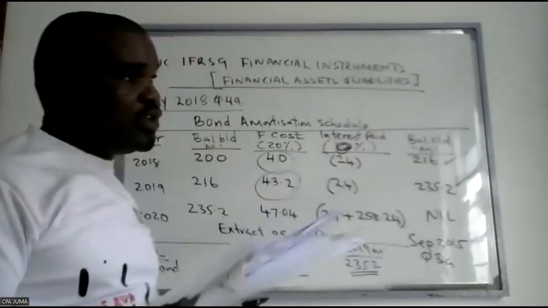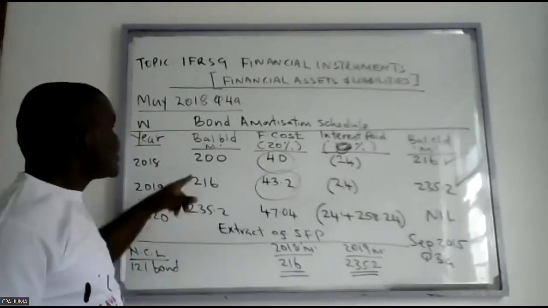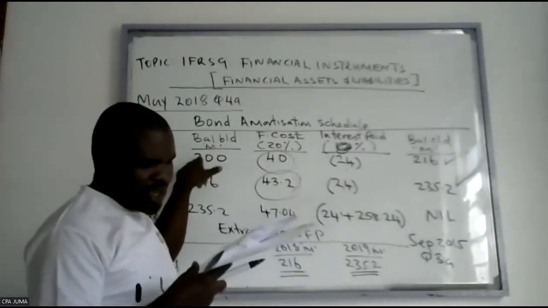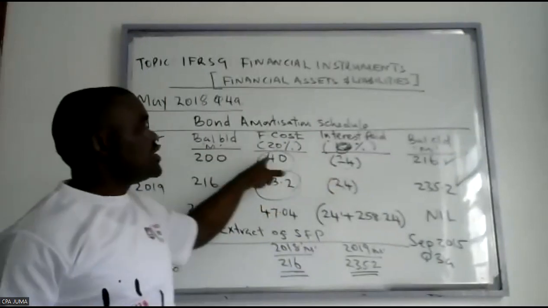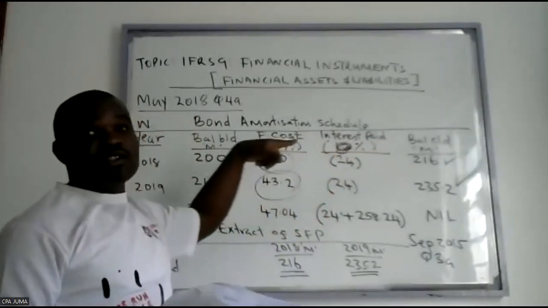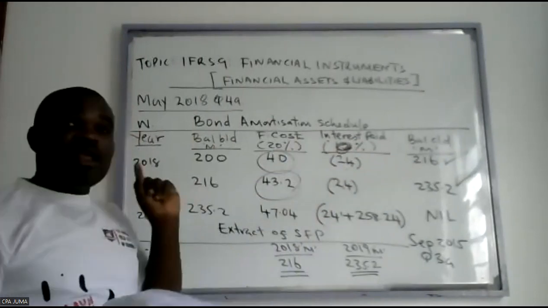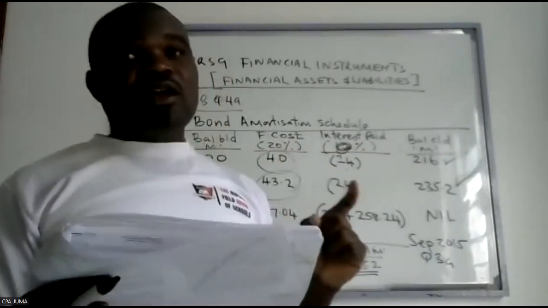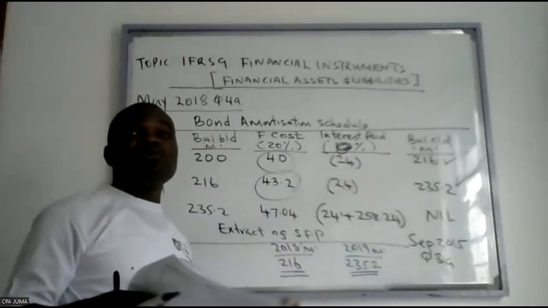So what will happen with this question? You will just bring the opening balance, which is the 600, and the finance income at 10%. It is this plus this, and you move with the closing figures. Then the last year, year 5, they never talked of the redemption amount.